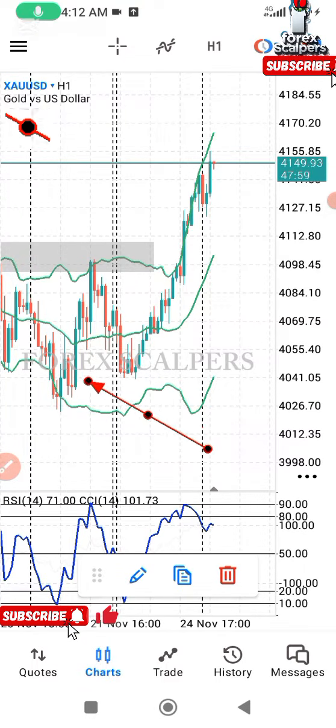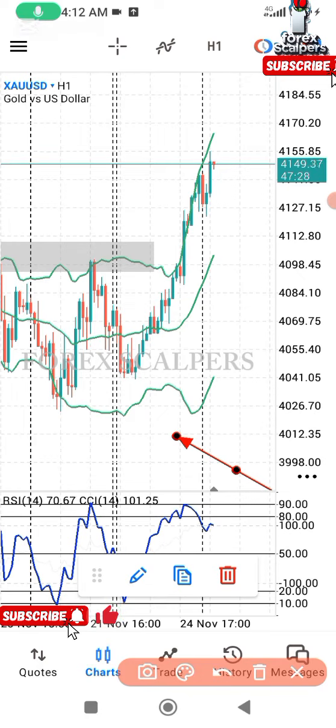What that implies is that we can use the middle Bollinger Band to determine the bias of the trend of gold, because this middle Bollinger Band is period 20, same as a moving average. So what it connotes is that when price is consistently above the middle Bollinger Band, it is an uptrend, and when price is below it, it's a downtrend.